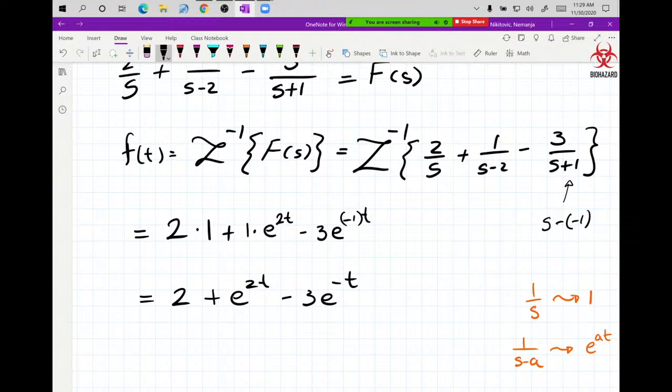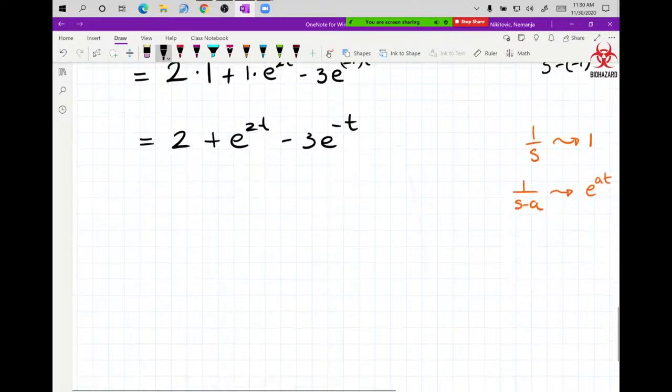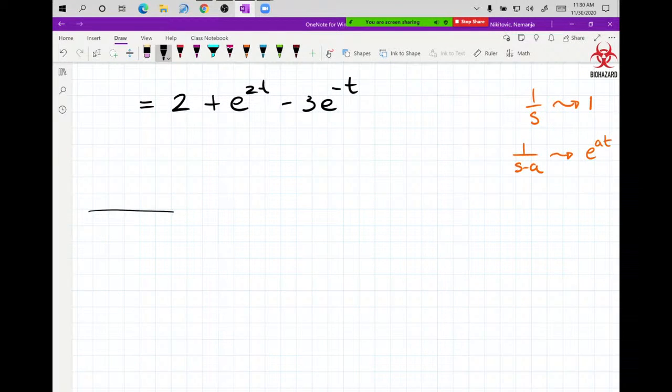So that's the inverse Laplace transform using partial fraction decomposition, right? We go through this and we factor everything we can, and we go from there. And now we can practice some more of these.